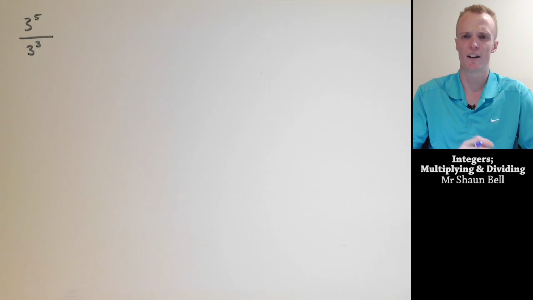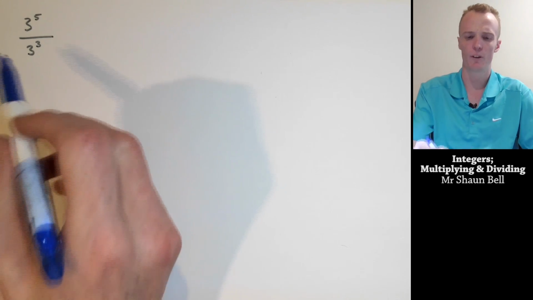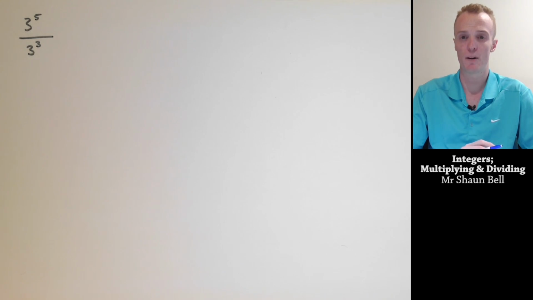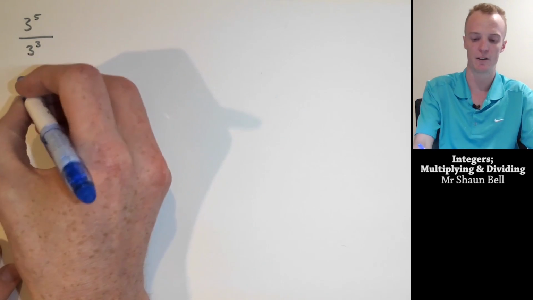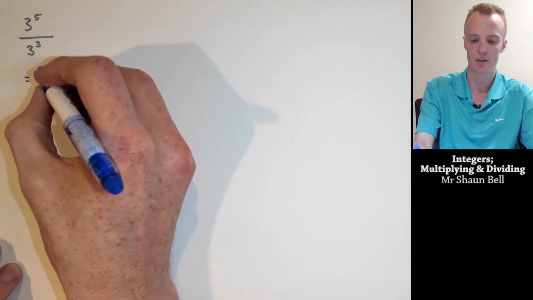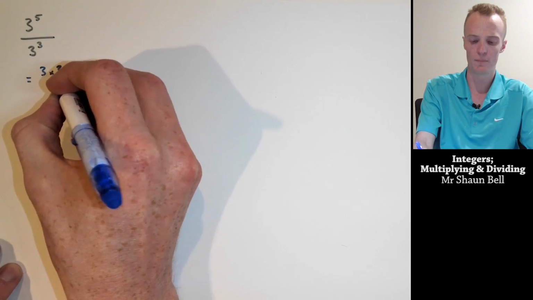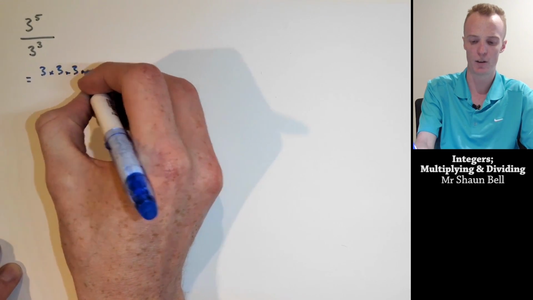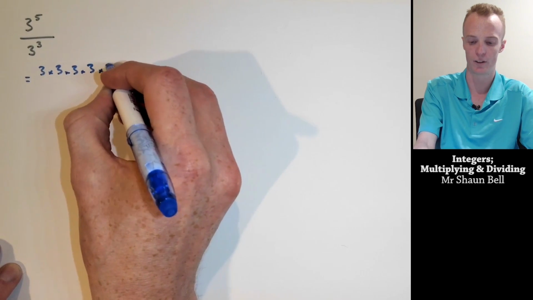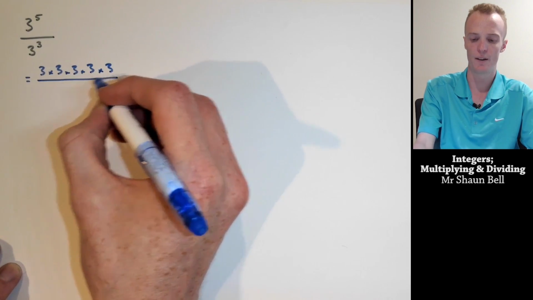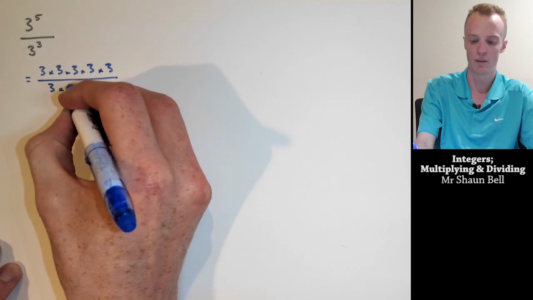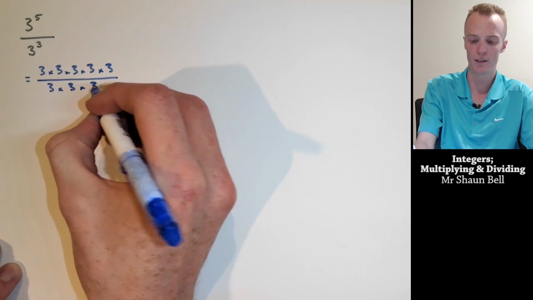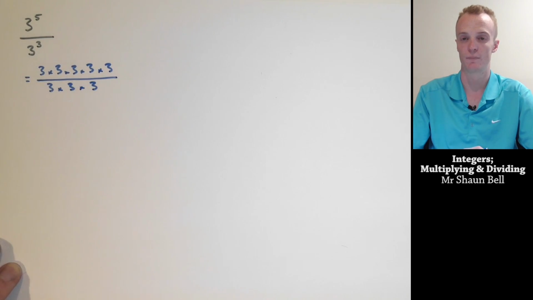Okay, so that's a neat trick for multiplication. But what if we're dividing like we are here? We've got 3 to the 5th power divided by 3 to the 3rd power. Well, let's write this out in expanded notation. This is equal to 3 times itself 5 times on the top of the fraction divided by 3 times itself 3 times on the bottom of the fraction.